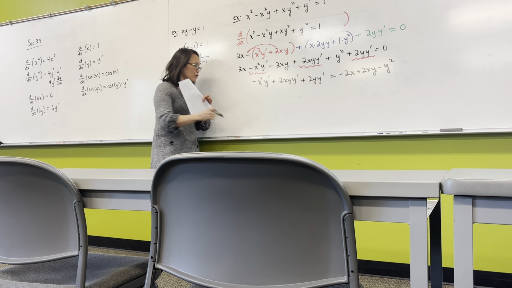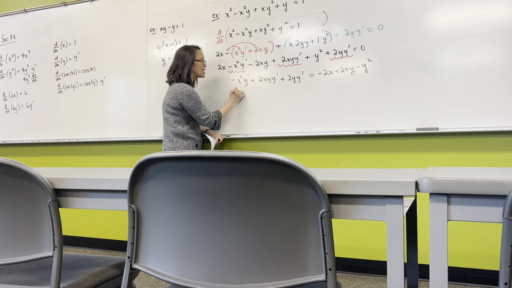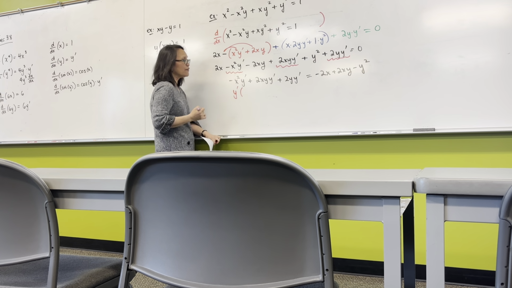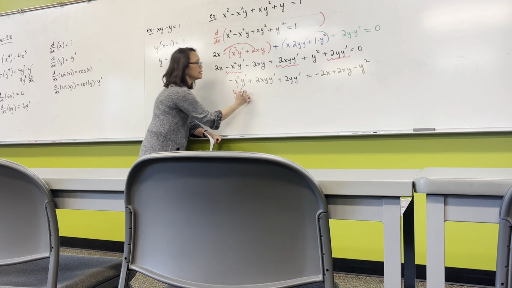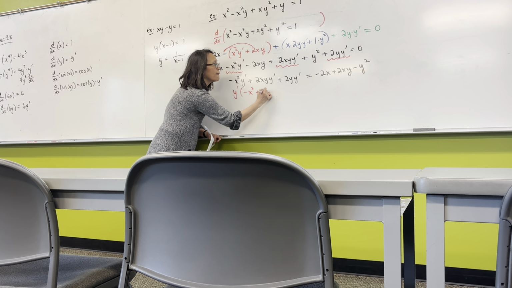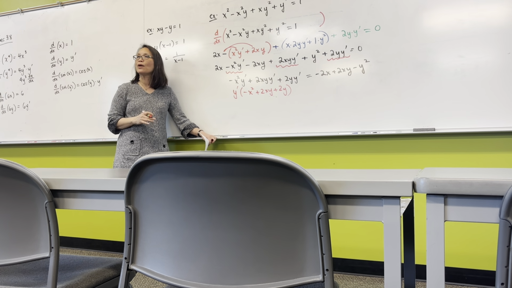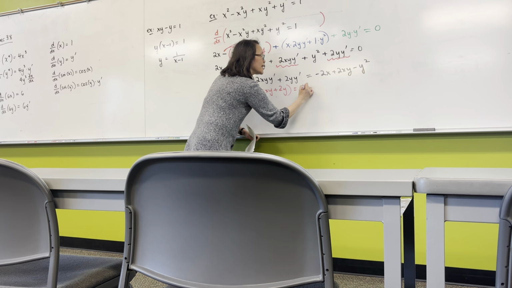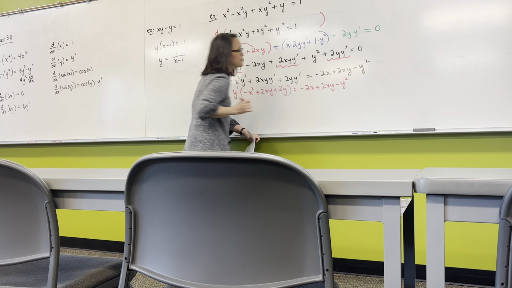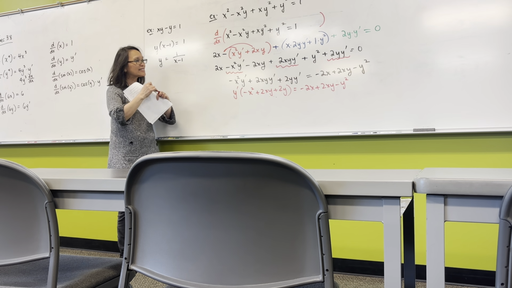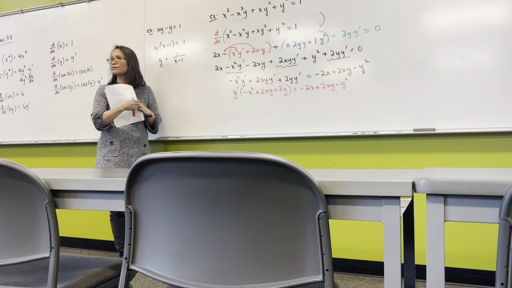Now you can factor out your y prime. Okay, so you've got a y prime in each one of these terms. You can factor it out. If you factor it out, what do you have? You have minus x squared plus 2xy plus 2y, right, everything that's left once you pull the y prime out. Here's the right hand side. Like that. And your last step is really just to divide to get that y prime by itself, right?